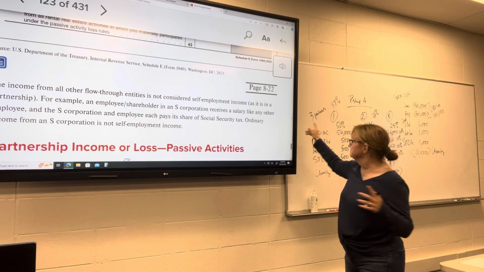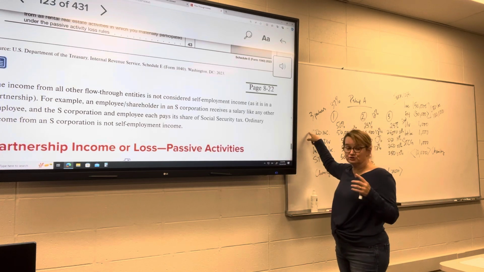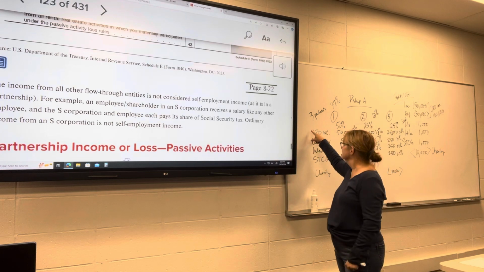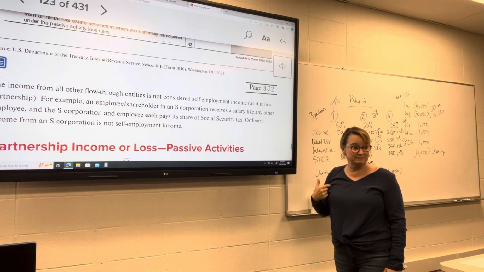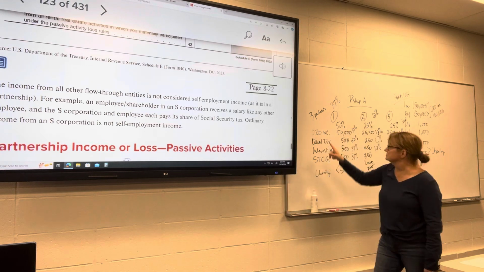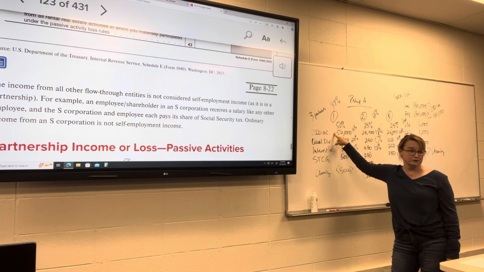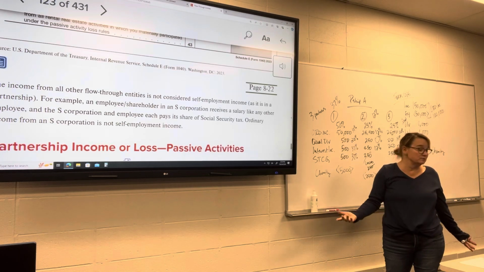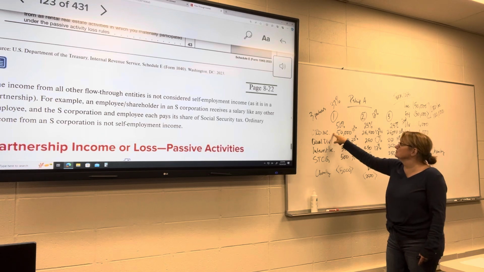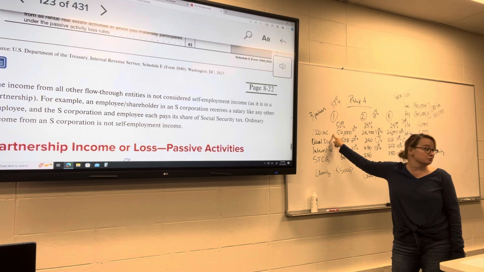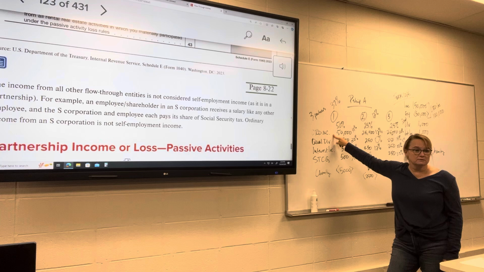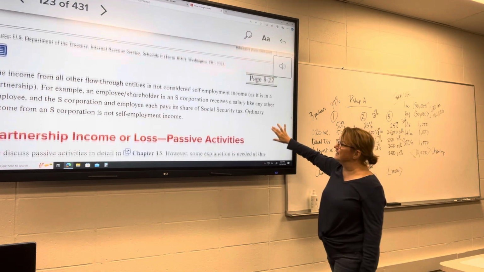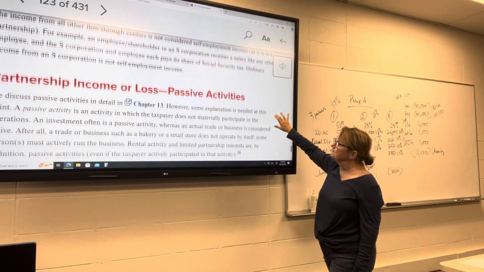So these partners, if they're providing services, whether they're receiving a guaranteed payment or not, are going to pay self-employment tax on this ordinary income portion, just as though it was a Schedule C. This is what would be on line 31 on their Schedule C.